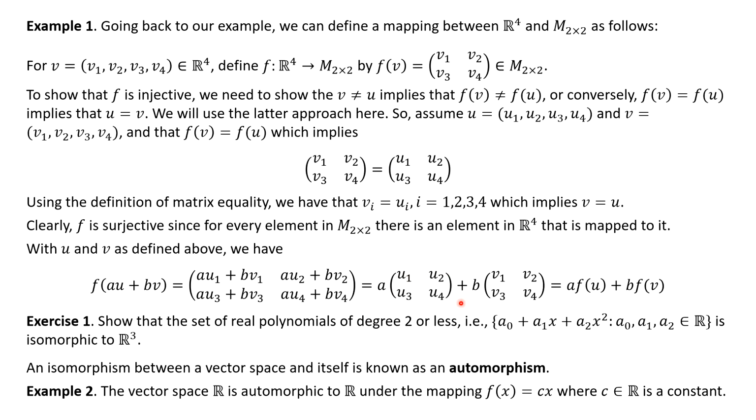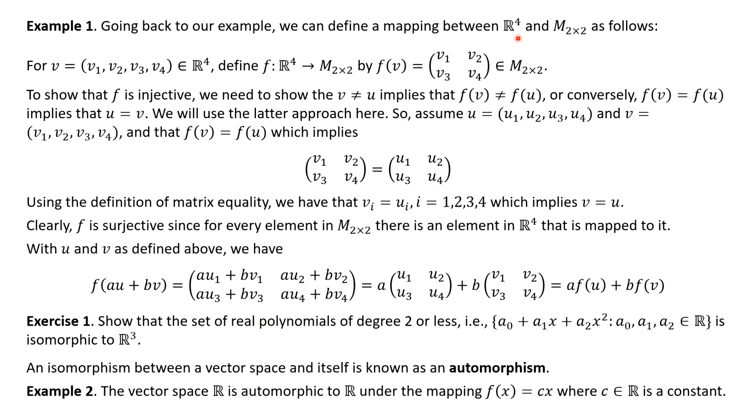And then you break them into two pieces. Right, this sum here equals this matrix. And then, of course, this is a times f evaluated at u and b times f evaluated at v. So that proves the linearity property.